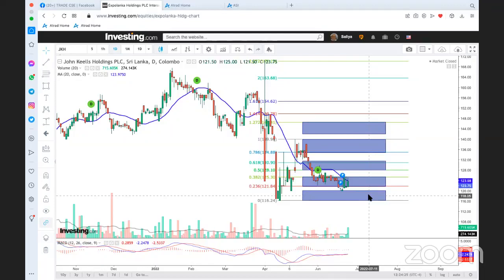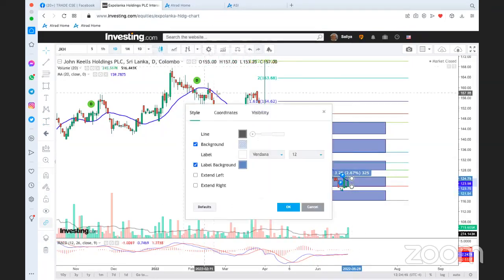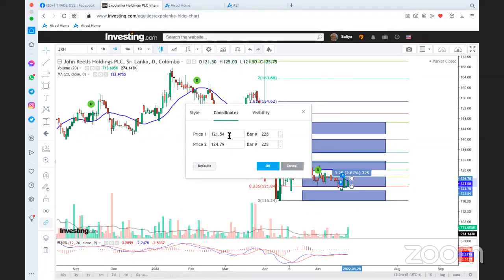Say you buy, then you see these prices are going up, and it will go up inside this area, right? Then say you bought at this 121.75.